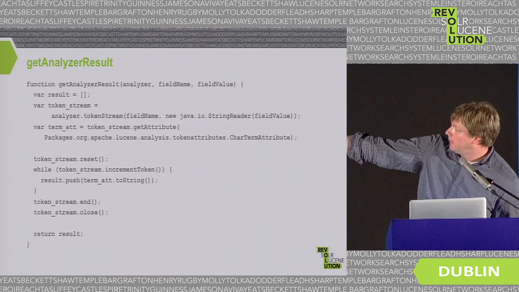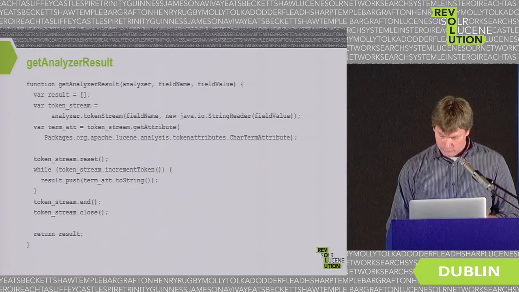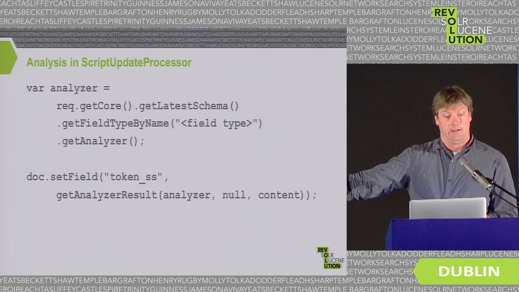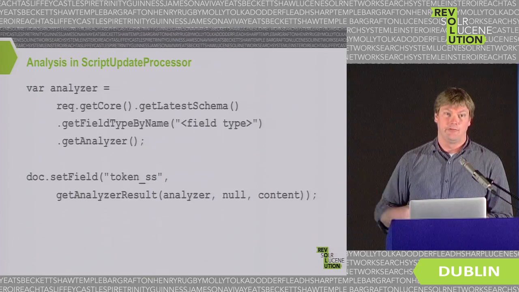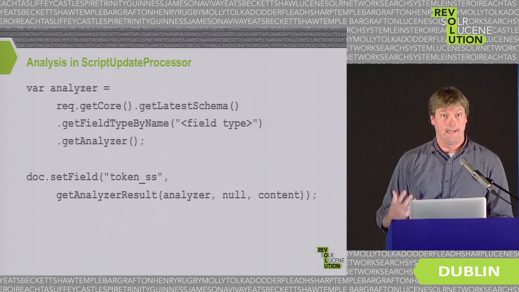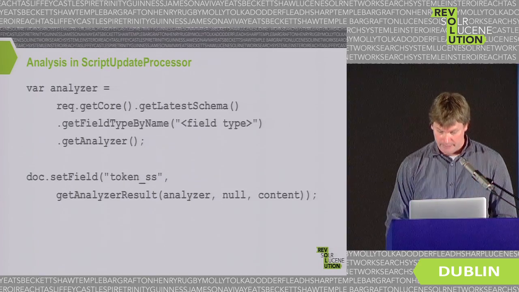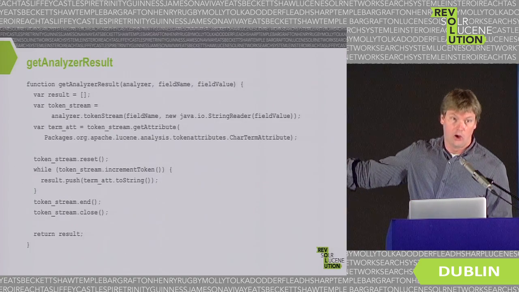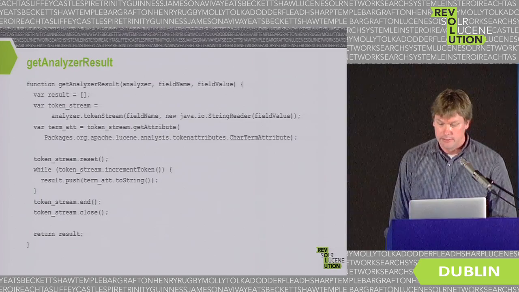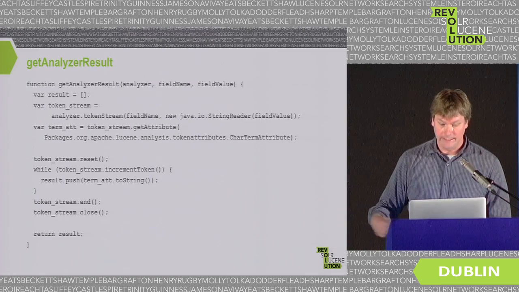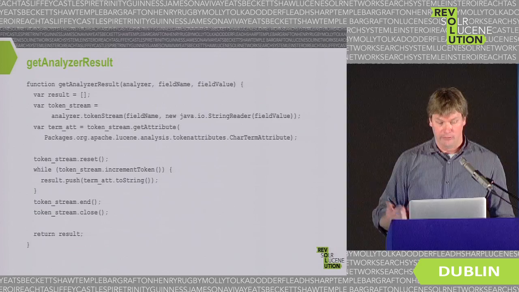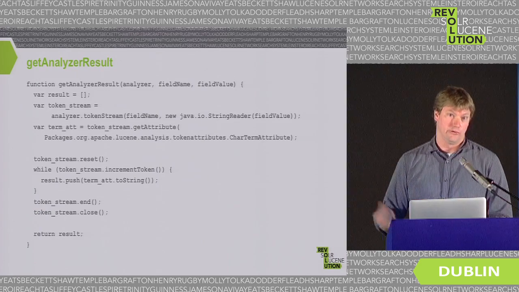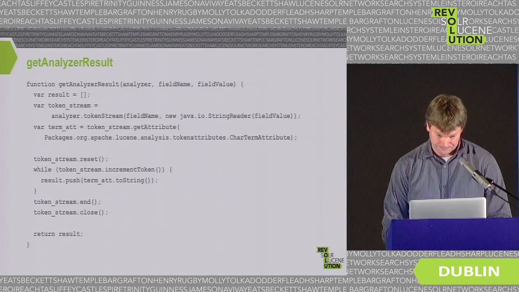You can see the analyzer got pulled out right here. I'm calling out to the schema, giving it a field type name. I've now got the Lucene analyzer object back. I hand that into this get analyzer result, and I simply walk the token stream and pull out each of the tokens and return back, again, just an array of strings, but they're the individual tokens that came out of the analysis process.